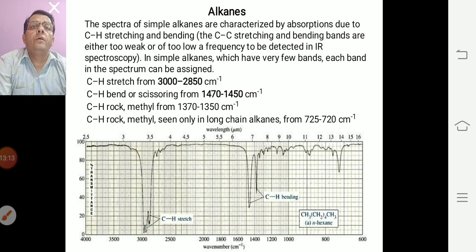Now we discuss alkanes. The spectra of simple alkanes are characterized by absorption due to CH stretching and bending. The CC stretching and bending bands are either too weak or too low a frequency to be detected in IR spectroscopy, so CC stretching is absent.